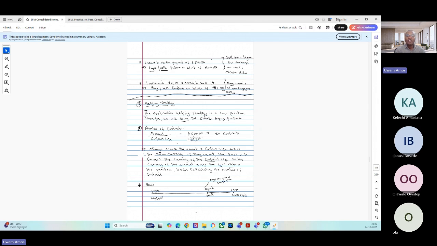So if you as a US firm want to pay somebody in pounds, it means that you need to buy pounds. And because you need to buy pounds, when you approach the FX dealer to buy pounds, the FX dealer will clearly sell the pounds to you at a higher rate. And the higher rate between 1.9223 and 1.9339 is obviously 1.9339.